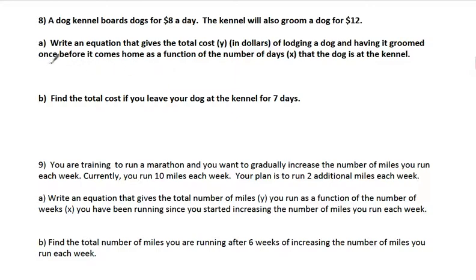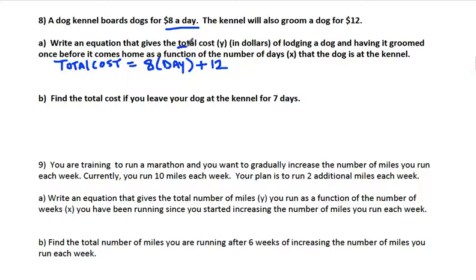So I'm going to write this out in words. So our total cost will equal, it's $8 a day. So $8 per day. And then if you want it groomed, it's an additional $12. Now, we can put in the variables.